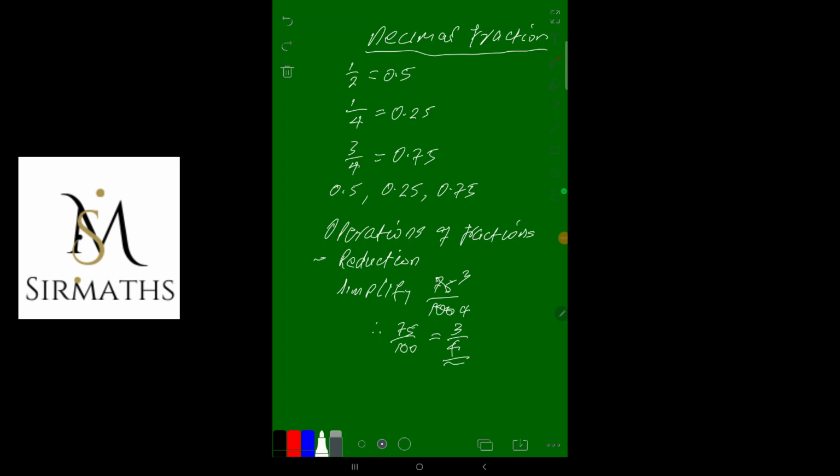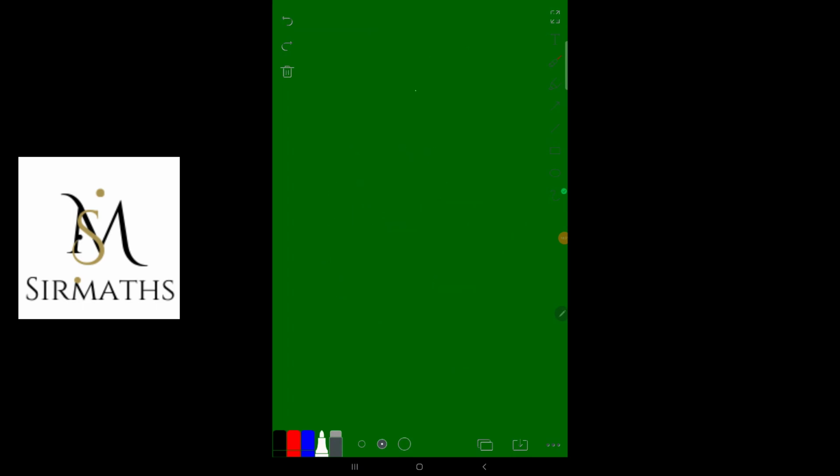We also look at addition of fractions, where we add a fraction and a fraction, and so on. Let's look at addition. If I ask you to add 2 over 3 plus 1 over 6, there are many ways of solving this.